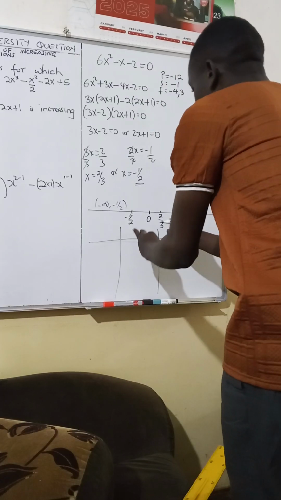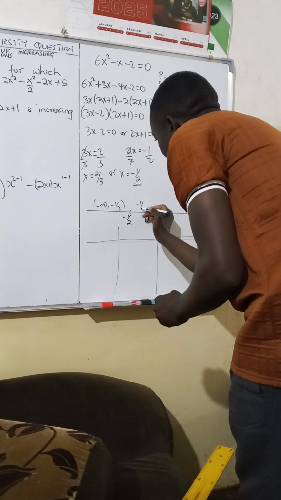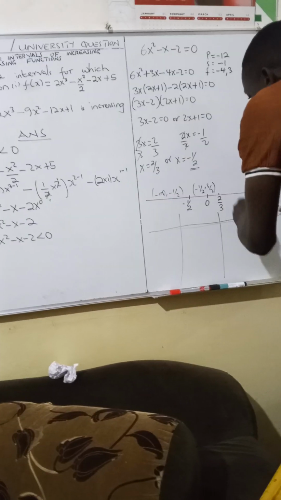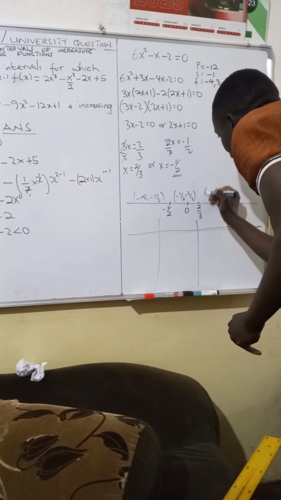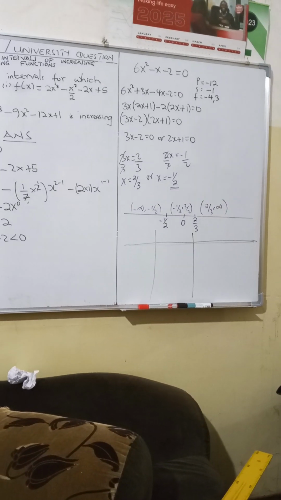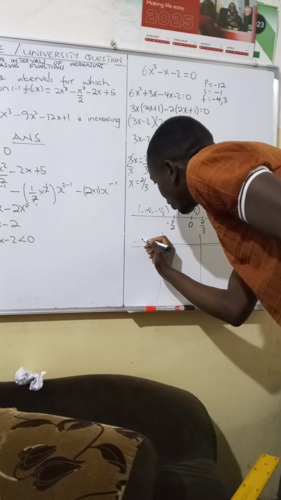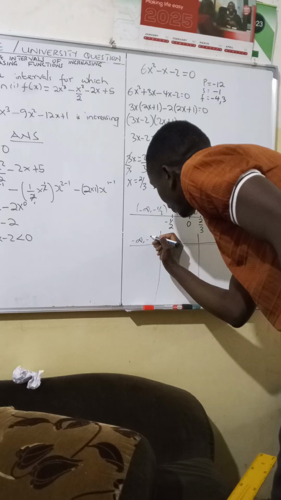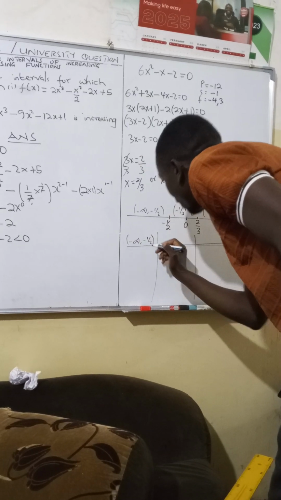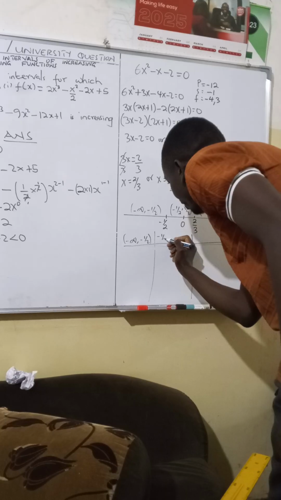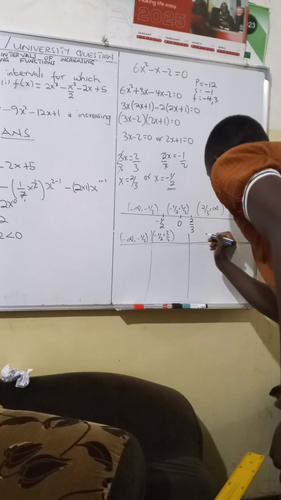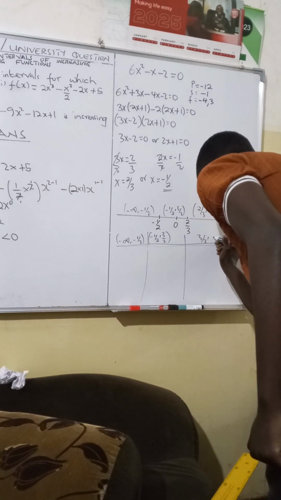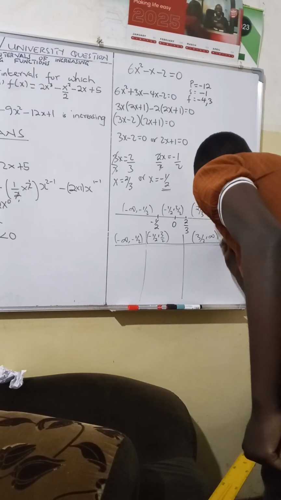The second range is between negative half and 2 over 3. The third range is from 2 over 3 to positive infinity. So these are the ranges that I have. The first range is from negative infinity to negative half. The second range is from negative half to 2 over 3. The last range is from 2 over 3 to positive infinity.